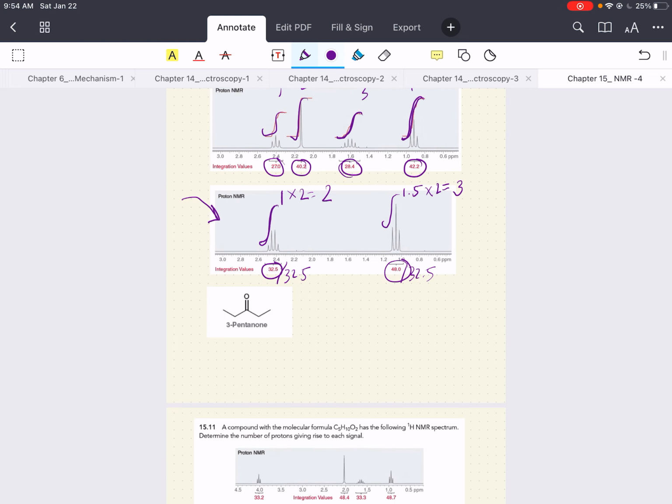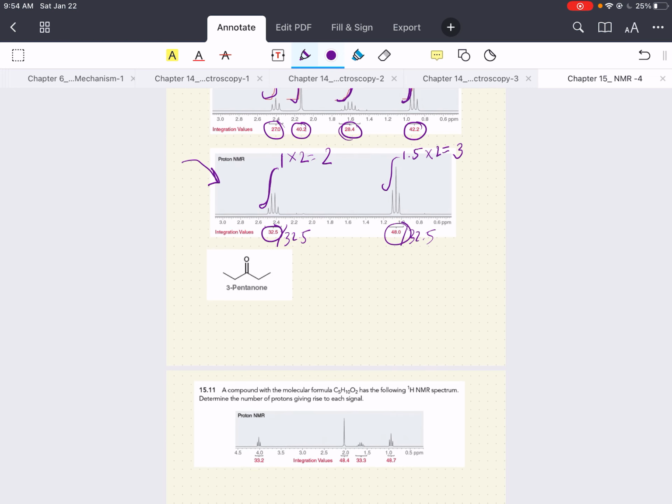Sometimes associated with the NMR, you're also going to get the molecular formula. So this NMR signal is actually the NMR signal for 3-pentanone. 3-pentanone's molecular formula is C5H10O. Now, when we integrate our NMR spectra, it's telling us 2 hydrogens are going to give off the same exact signal, right?